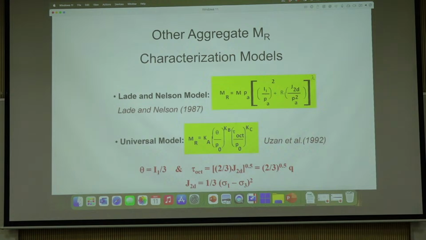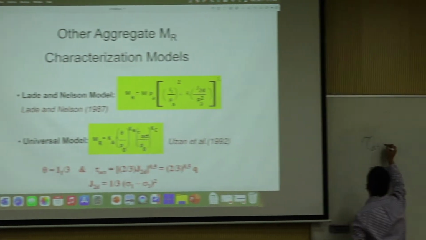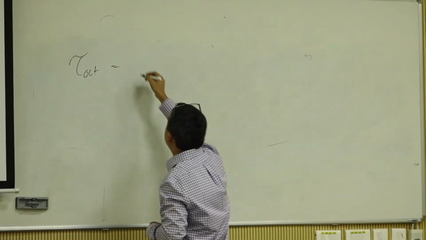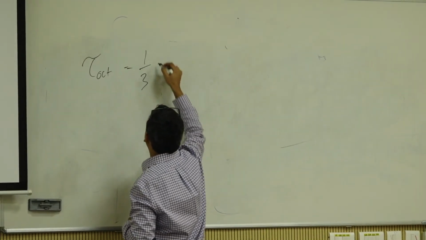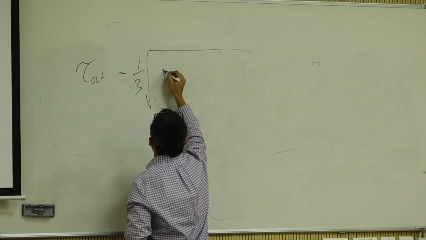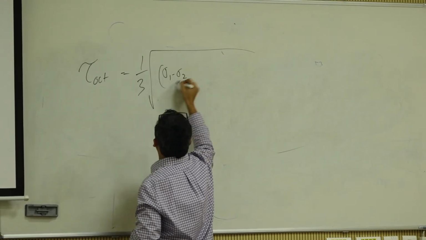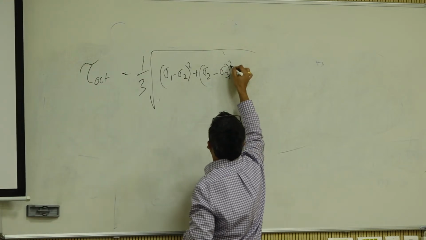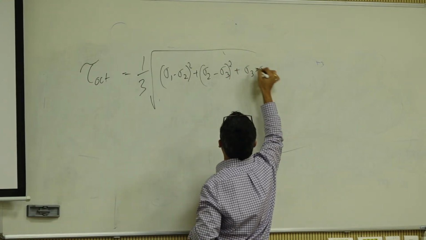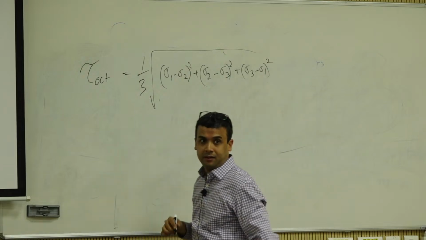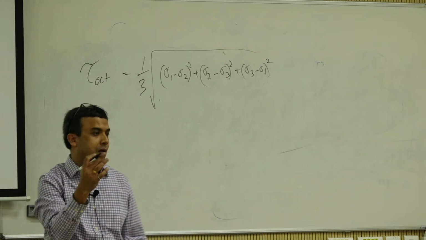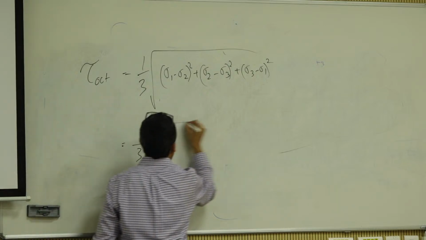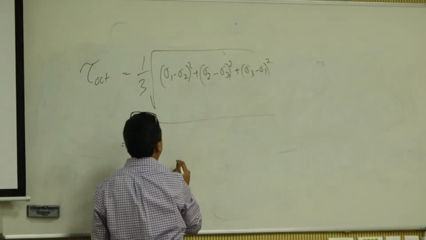So tau octahedral is another definition that comes from mechanics, and it is defined as 1 over 3 root of (sigma 1 minus sigma 2) square plus (sigma 2 minus sigma 3) square plus (sigma 3 minus sigma 1) square. Now let's do it for a typical cylindrical triaxial test. What is sigma 1 minus sigma 2?